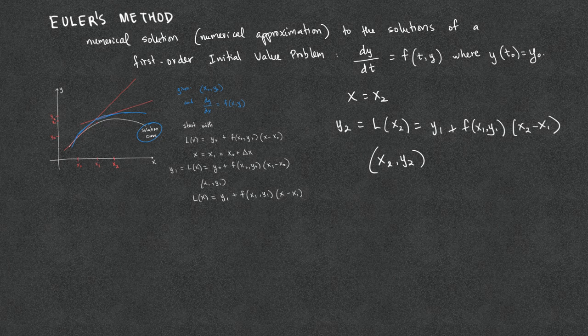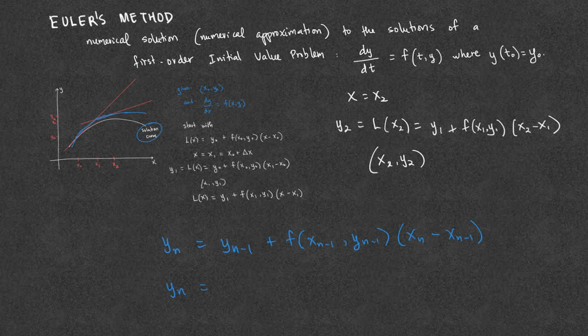This process keeps repeating, so we end up with y_n equals y_{n-1} plus f(x_{n-1}, y_{n-1}) times (x_n minus x_{n-1}). At any point, we need to know the previous point.